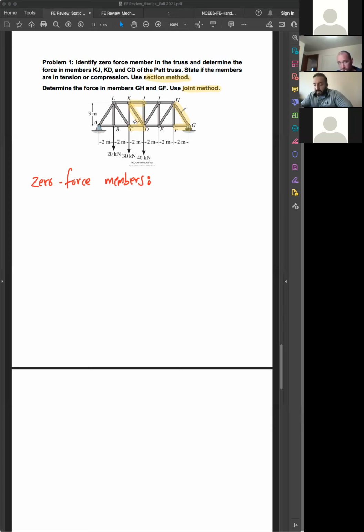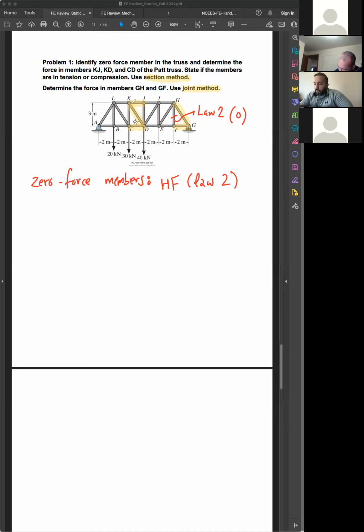Does that make sense that HF is equal to 0 using law 2? It is 0, because EF and FG are collinear, HF is coming to that joint, and there is no external force. So it has to be equal to 0.